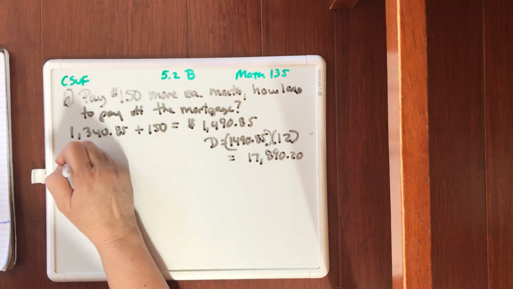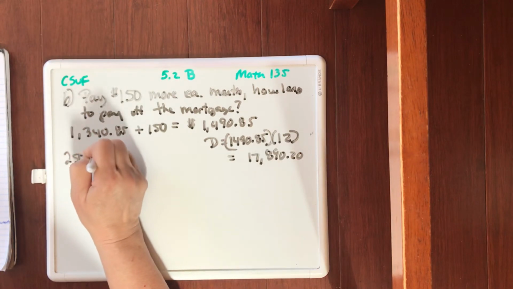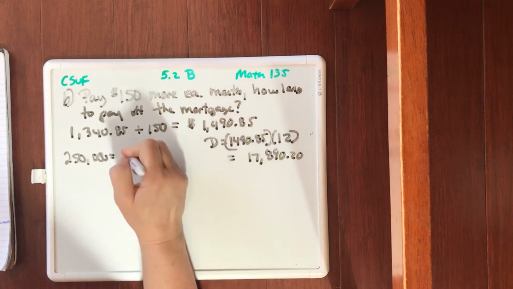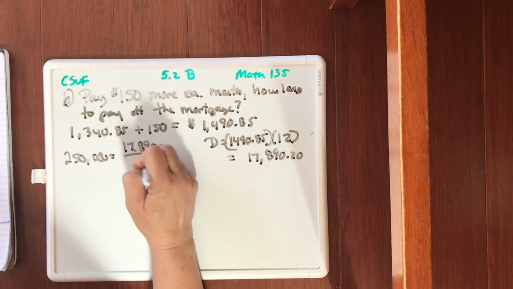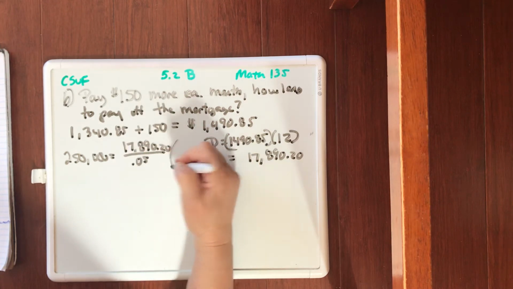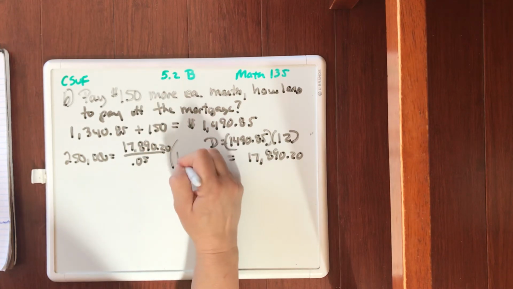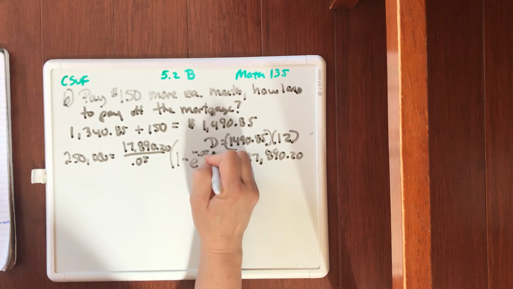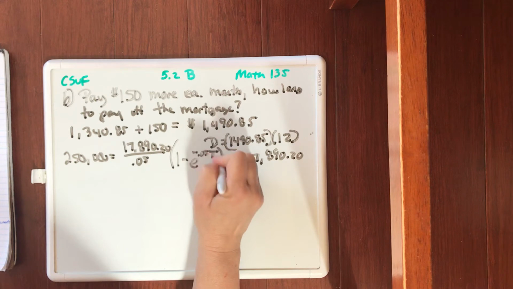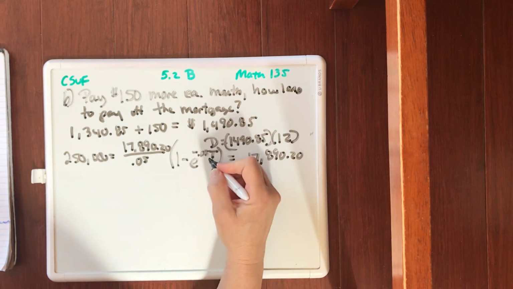So we're going to put 250,000 equals 17,890 divided by 0.05, and then we're going to multiply that by 1 minus e to the negative 0.05 t. So now we're going to be solving for t.